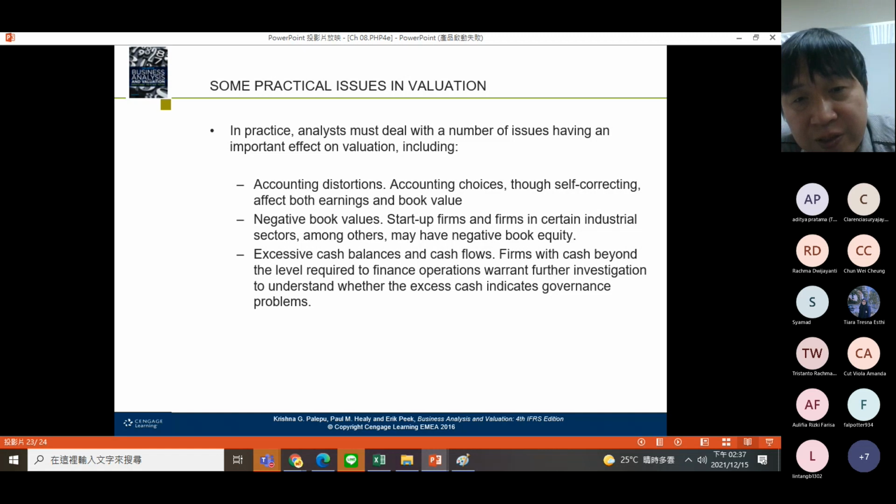Negative book values: firms in certain industry sectors, among others, may have negative book equity. Cash flow balance: firms with cash beyond the level required to finance operations warrant further investigation to understand whether the excess cash indicates governance problems.